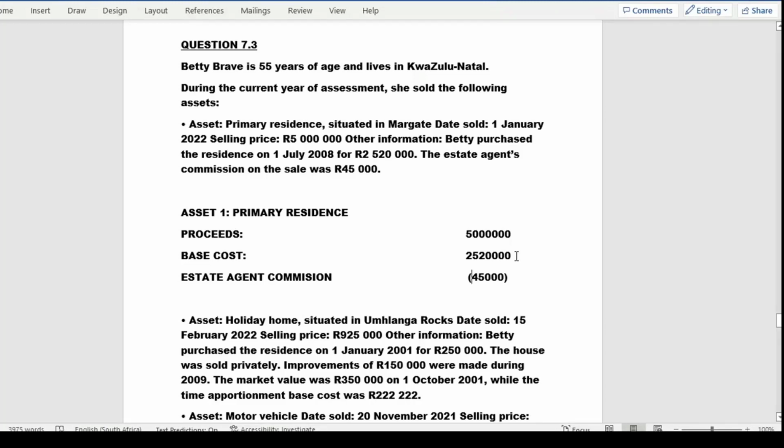Actually, capital gains tax is one of the easiest content in this.